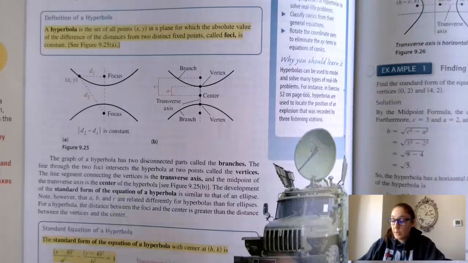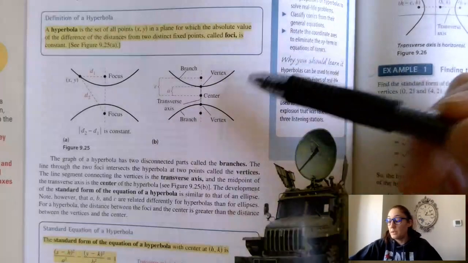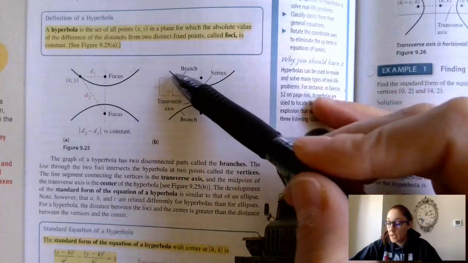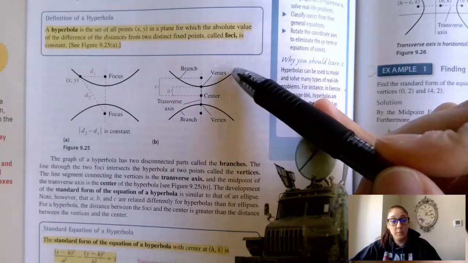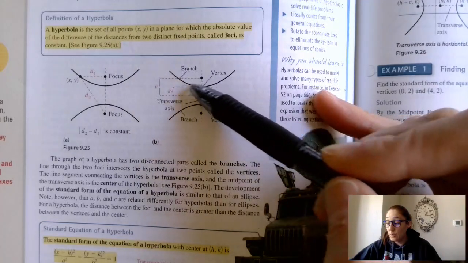So this is what a hyperbola looks like. It's both of the U shapes, right? It's not that it points up or down, it's that it points both directions. This right here is one hyperbola. The actual curves, we call each a branch, so a hyperbola has two branches.